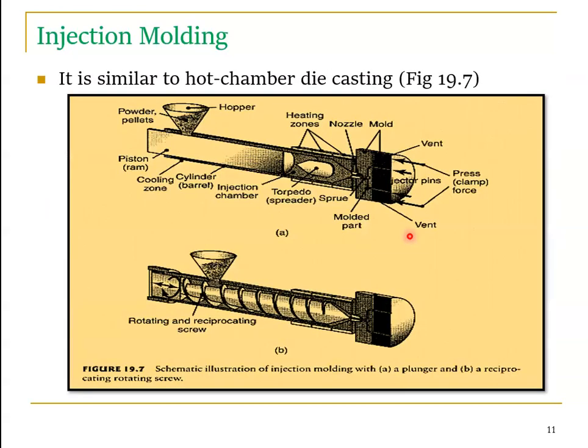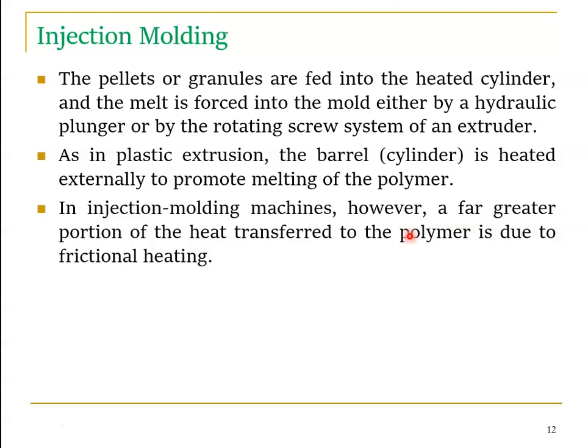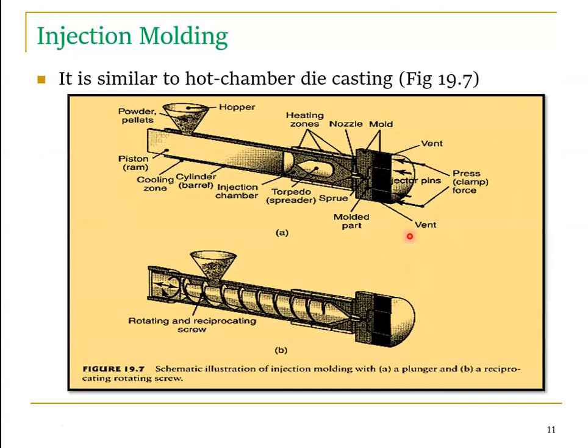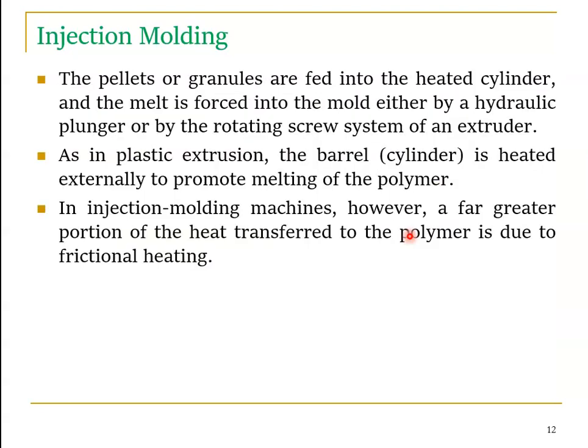The pellets or granules are fed into the heated cylinder, and the melt is forced into the mold either by a hydraulic plunger or by the rotating screw of an extruder. So there are two ways: one is the hydraulic ram, or the screw extruder, right? As in plastic extrusion, the barrel is heated externally to promote melting of the polymer.